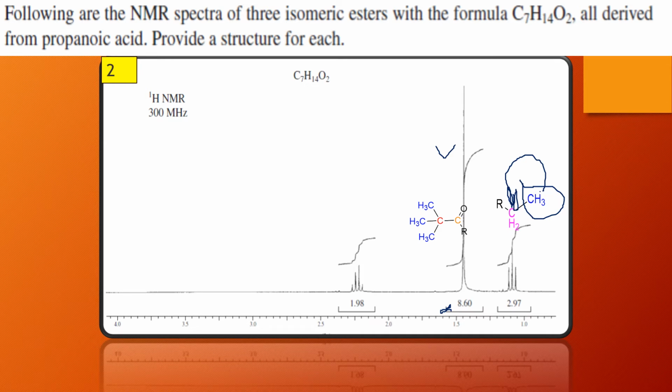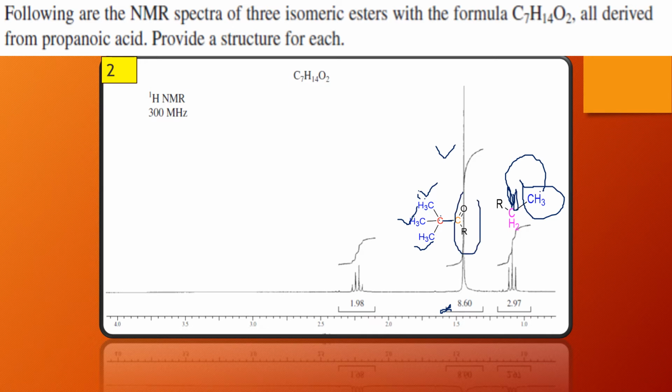So there are 9 protons. This will give us a singlet, and this will also give us a singlet. So this carbon would be attached to any R group.